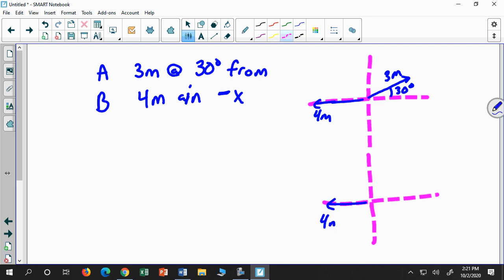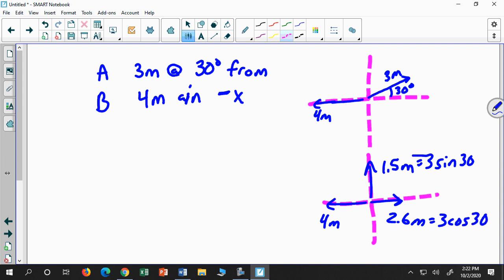This is 4 meters. The x component is 2.6 meters. And then the y component is 1.5 meters. That's doing 3 sine of 30 and 3 cosine of 30. Finding those x and y components.